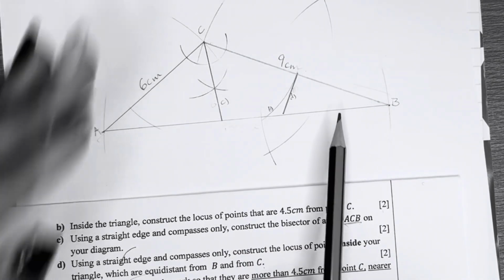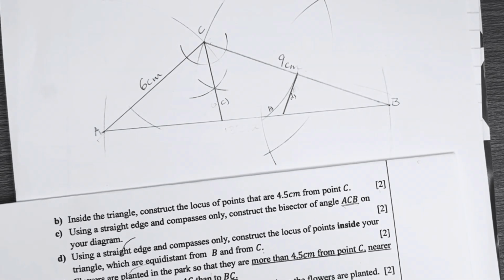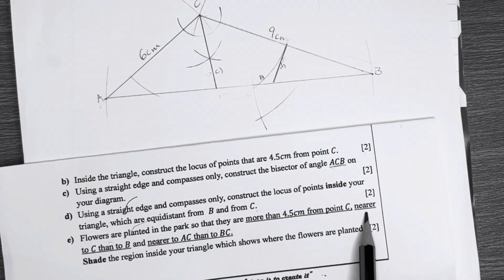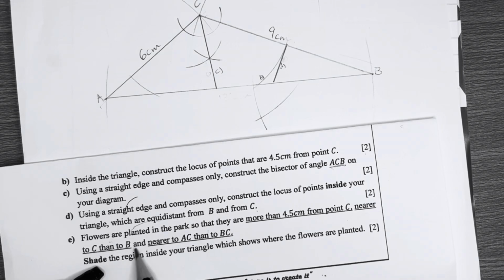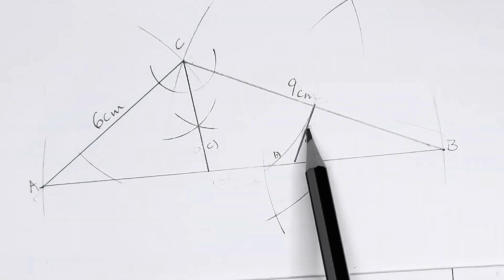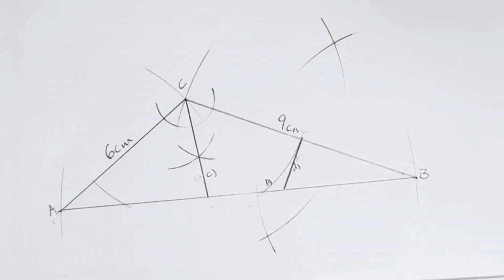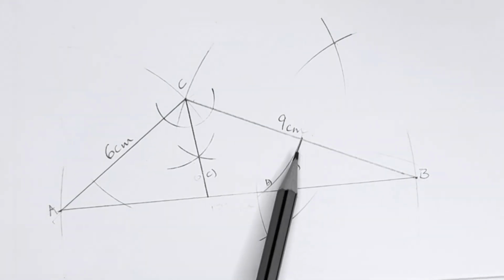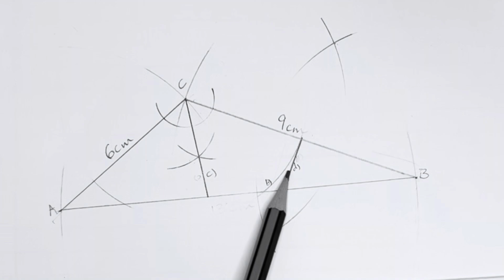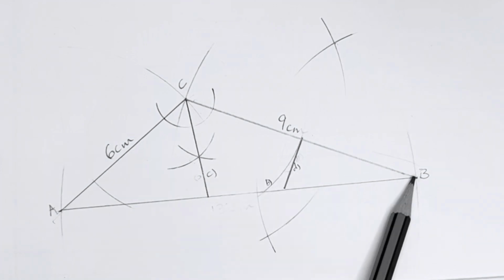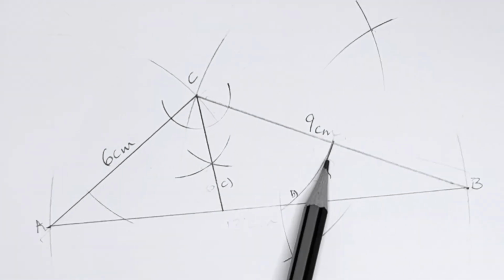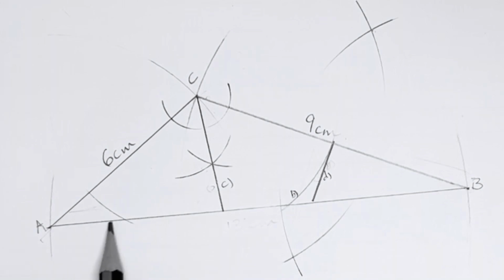It must not go there. They also said the same flowers should be nearer to C than to B. So this is the line separating C and B, exactly in the middle. If something is nearer to C, then it must be this side of this line, and should not go beyond that.